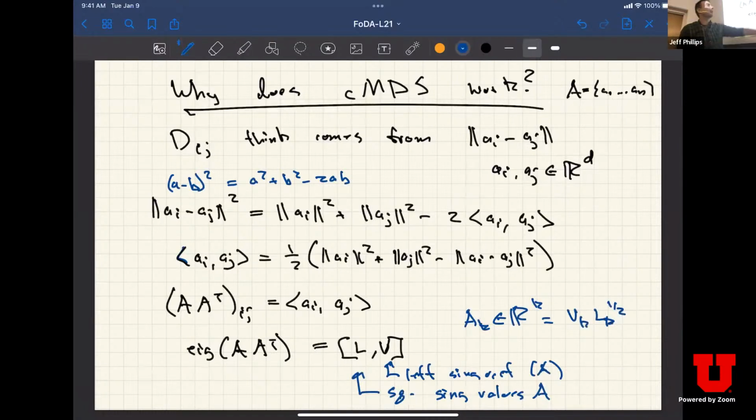This is the best rank K approximation projected into K-dimensional space. For every one of the rows, I'm taking the first K coordinates of V_K and scaling them appropriately. So this is giving me the representation from this A A transpose.